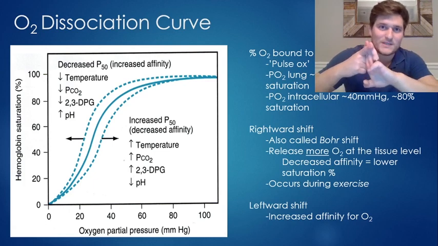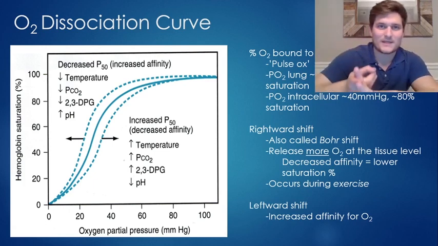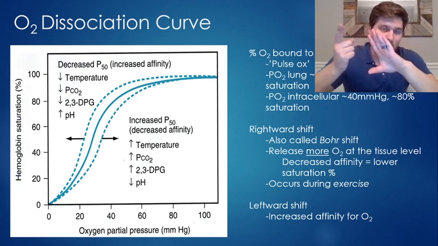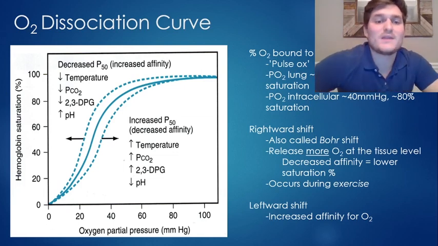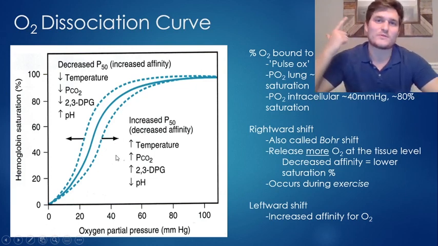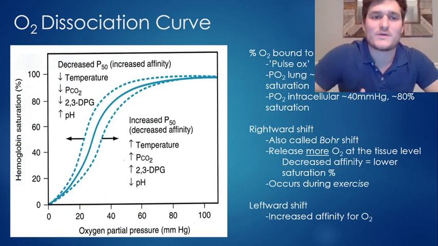Glycolysis is increasing because you need that energy in order to perform that exercise. So you're going to get an increase in biphosphoglycerate. And you're also, through those chemical reactions, producing more hydrogen. So within the blood vessels surrounding your skeletal muscles, within your skeletal muscles, you're going to see this increase in temperature, this increase in CO2, increase in biphosphoglycerate, and a decrease in pH.